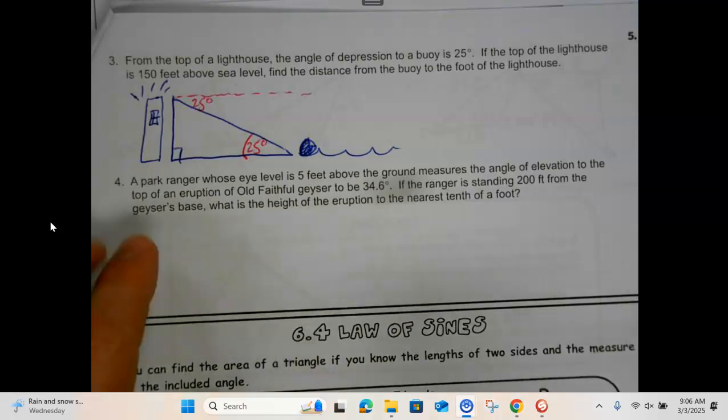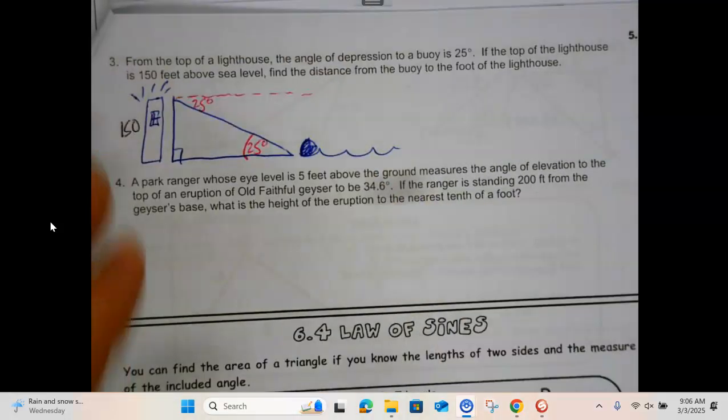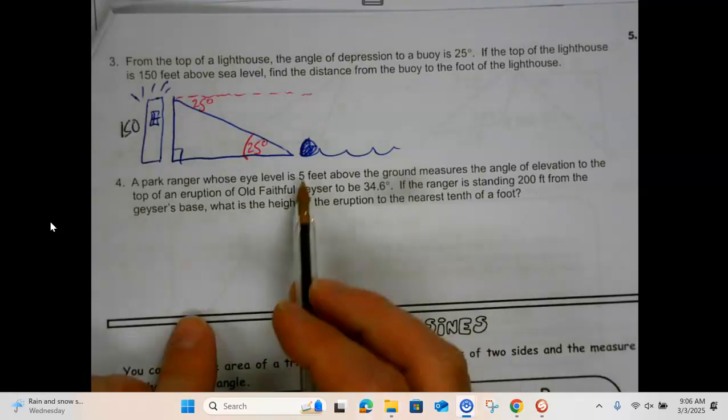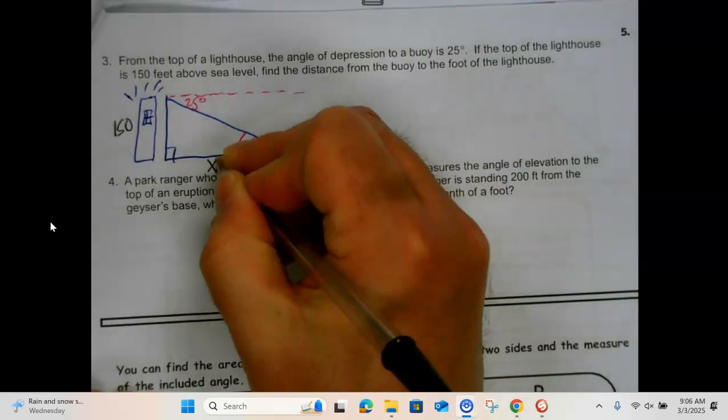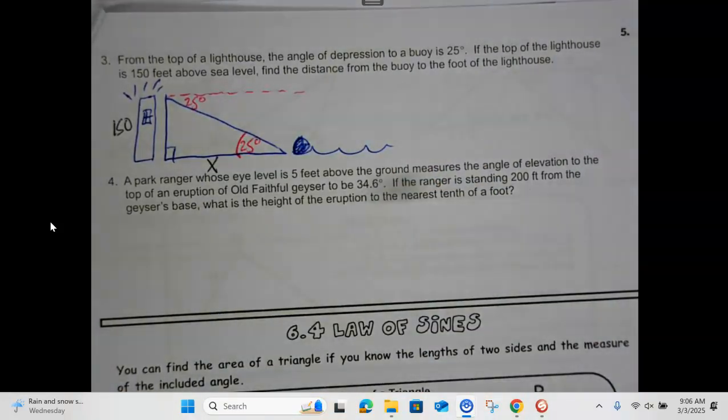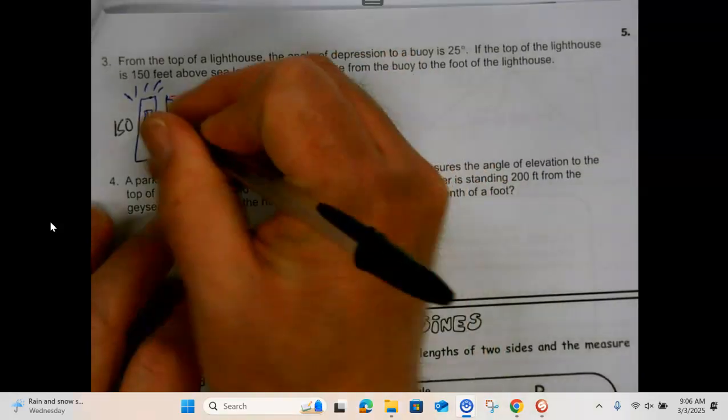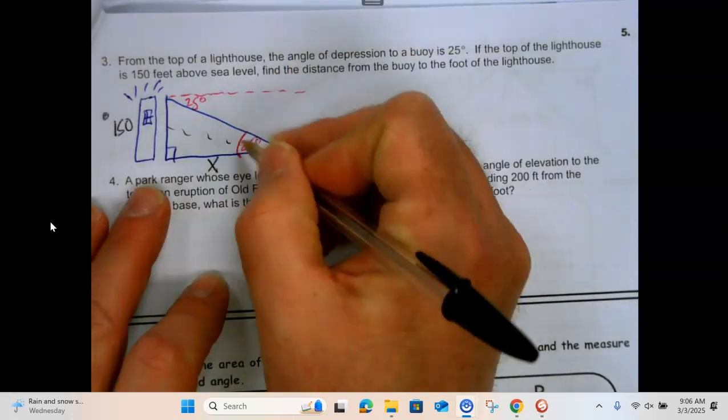So if the top of the lighthouse is 150 feet above sea level, find the distance from the buoy to the foot, the bottom of the lighthouse. Still got to play with words here. And so once I work that out, there's my opposite.